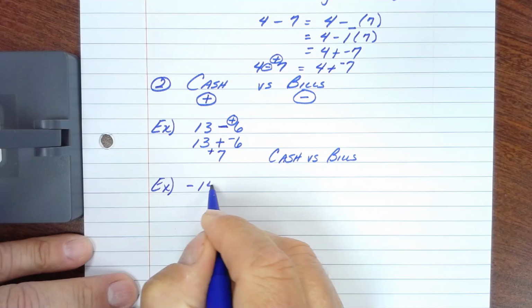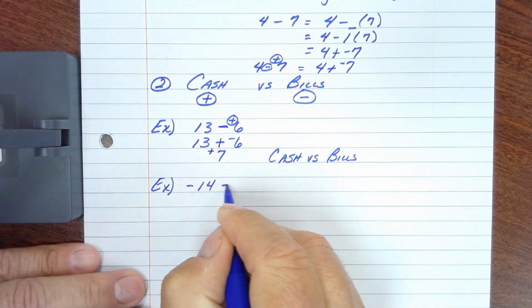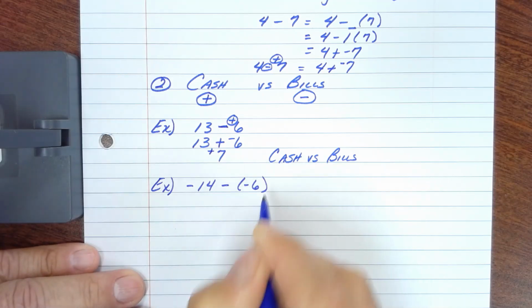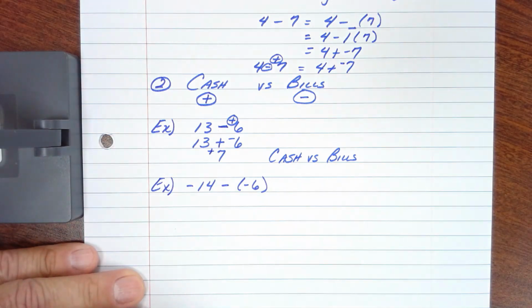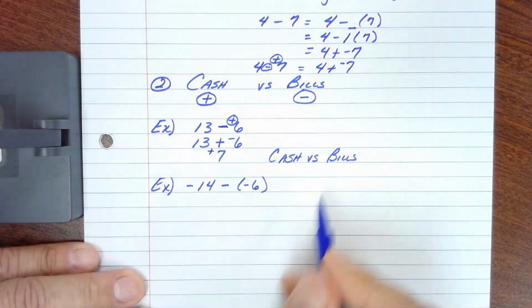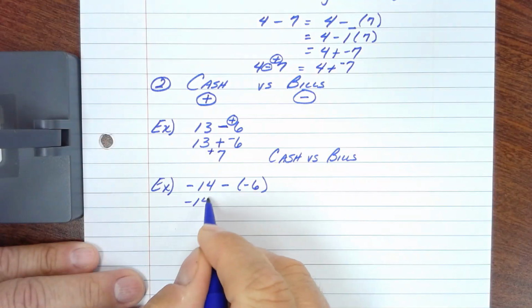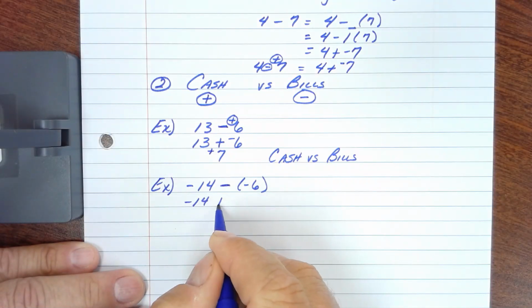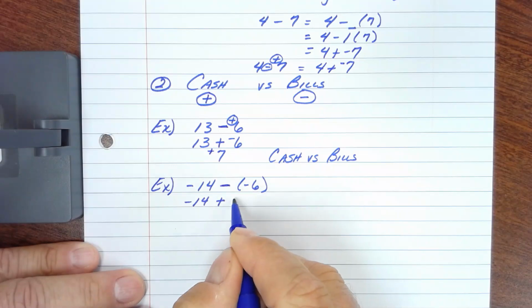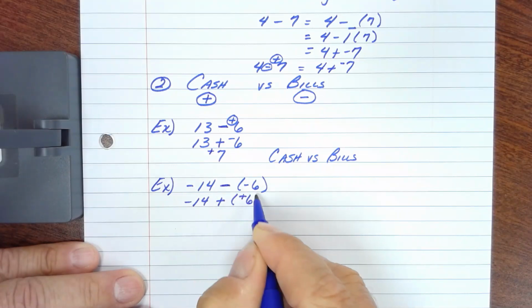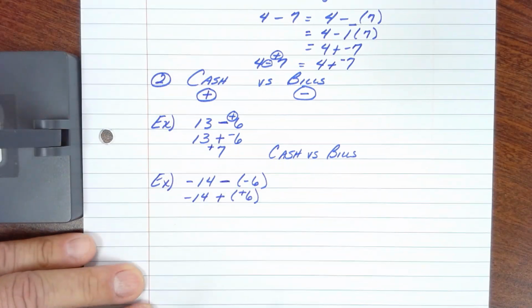Negative 14 minus a negative 6. You're going to change this subtraction to add and change the sign of the second number.